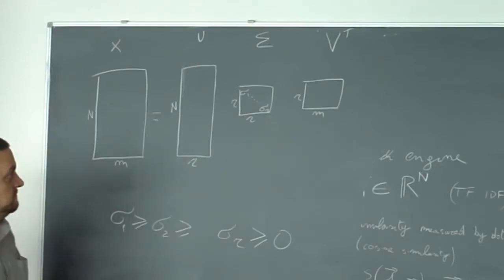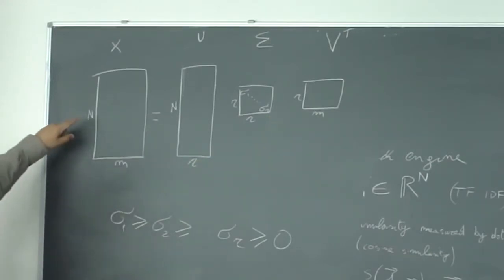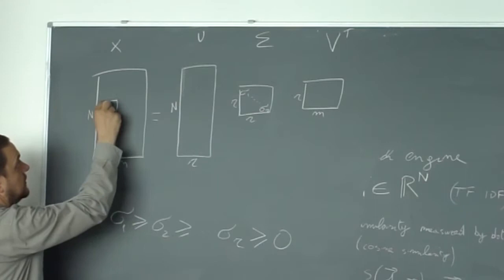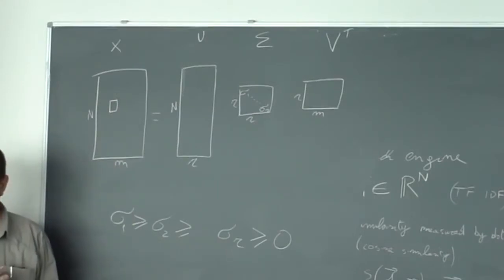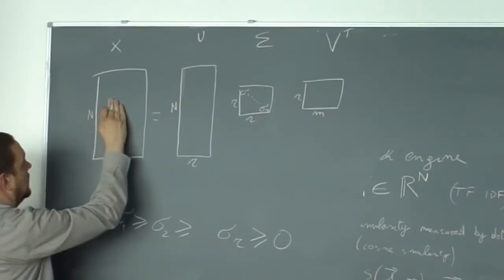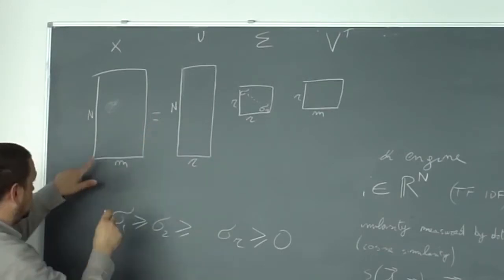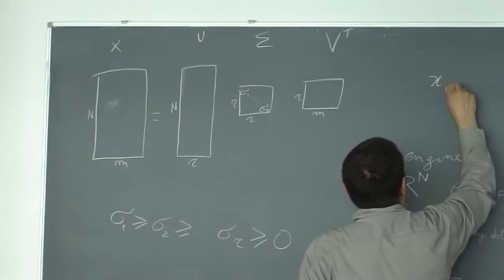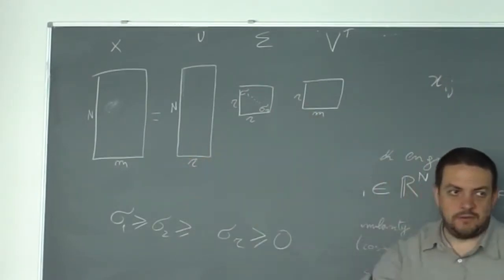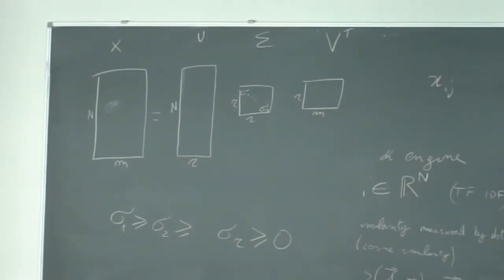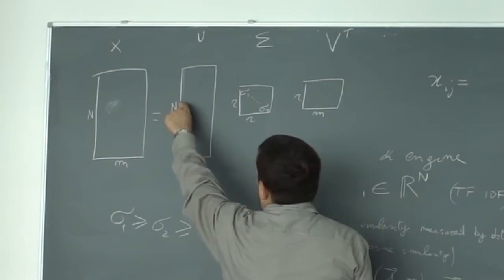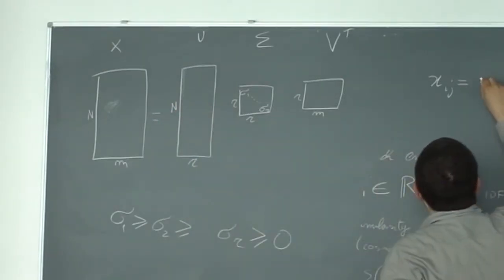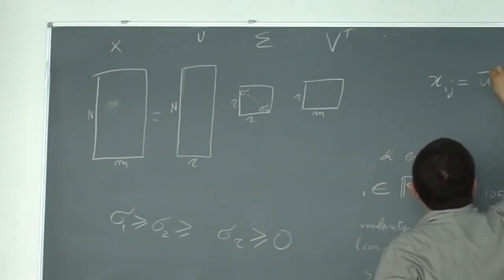In fact, you can see every element in X. You see, the generic element xij in X is actually the product of the ith row of U. Let's call it Ui.